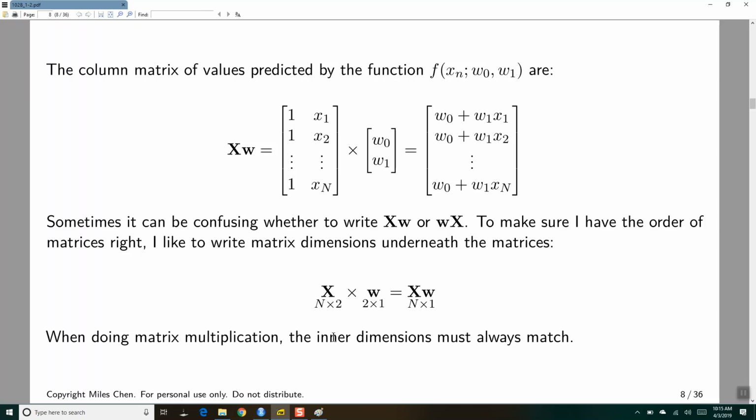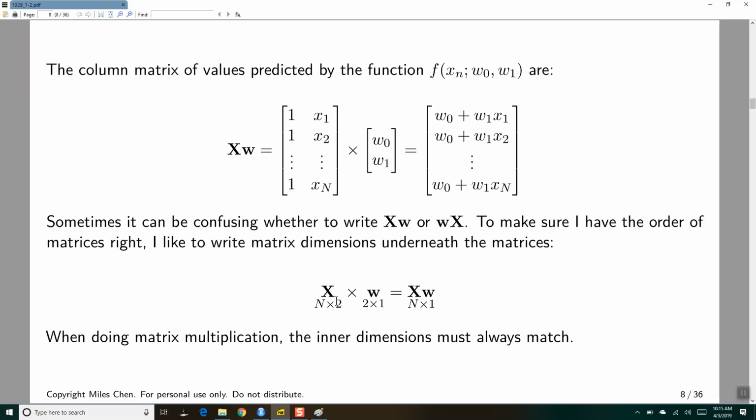Because with matrix multiplication, you don't have the freedom of just rearranging the terms. When you do matrix multiplication, the number of columns of the first matrix needs to match the number of rows of the second matrix in order for this to work, right? Because you do this term times this and this term times this, and if the number of columns over here does not match the number of rows, you're going to have this kind of dimension mismatch problem.